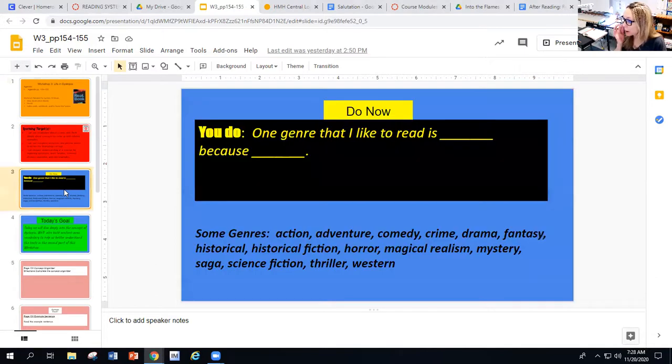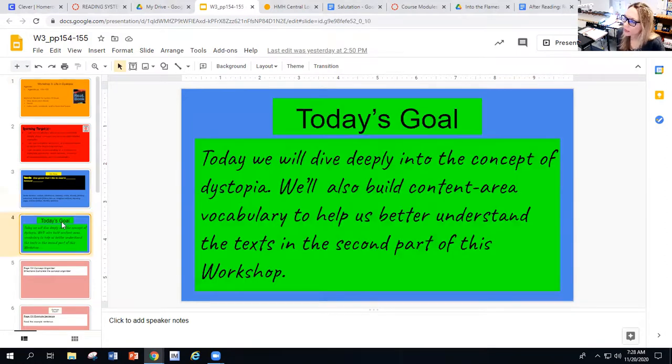Okay, you have a do now. One genre that I like to read is blank, because blank. The first blank you're going to fill in with a genre. I gave you some examples down at the bottom. And then don't forget your because. Today we will dive deeply into the concept of dystopia. We'll also build content area vocabulary to help us better understand the text in the second part of this workshop.